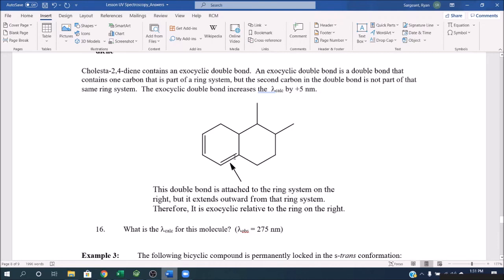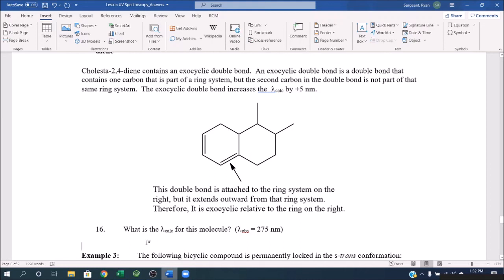And the reason that the exocyclic pi bond is a problem and changes your energy is because it actually inhibits the proper chair conformation of this six-membered ring right here. So it's an energetic penalty, and it costs 5 nanometers. So what is the lambda calc for this molecule?